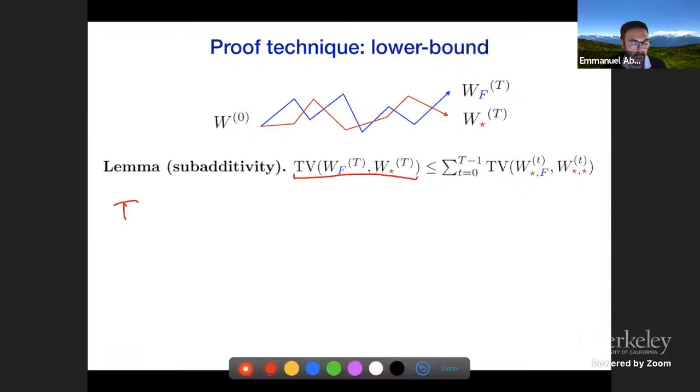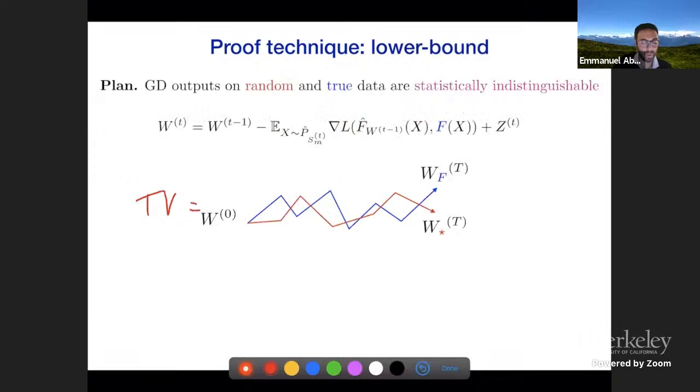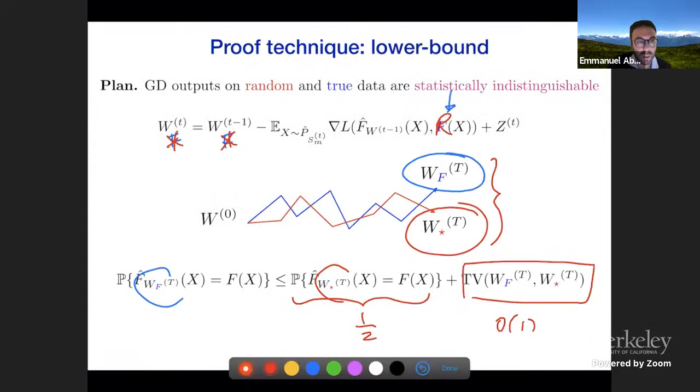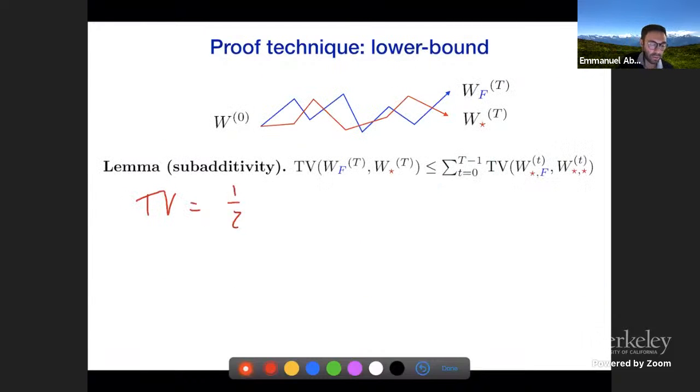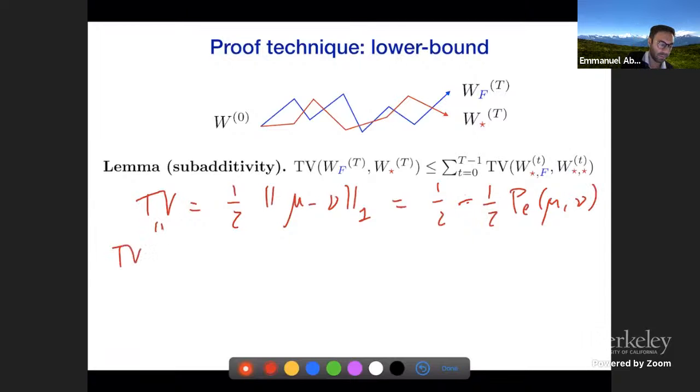The basic rules that I use for the TV: you can write it as the supremum of the difference of the two measures over any events, or you can think of it as the L1 norm of the distributions, which allows you to use the triangular inequality, or you can think about it as the best error when you try to do hypothesis testing between the two measures.